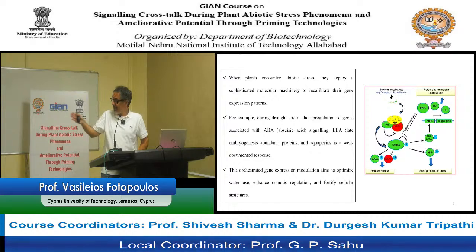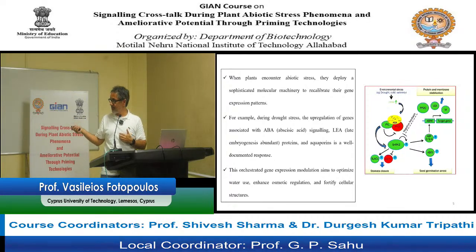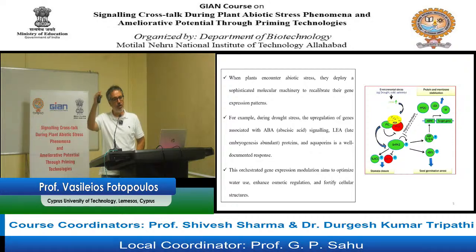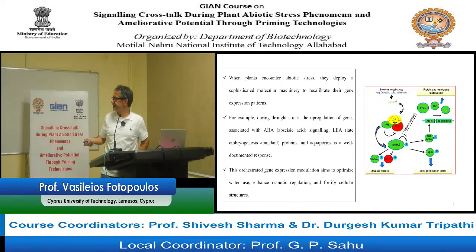So always, again, if you can imagine the model we spoke about before, you always have the signal perception element, the response in terms of the protein that is involved in the regulation of the reaction, and at the end, we have the physiological manifestation, which is the stomatal closure leading to reduced transpiration levels. So there is always a similar path that is approached in every type of response, each time with different components. Okay?